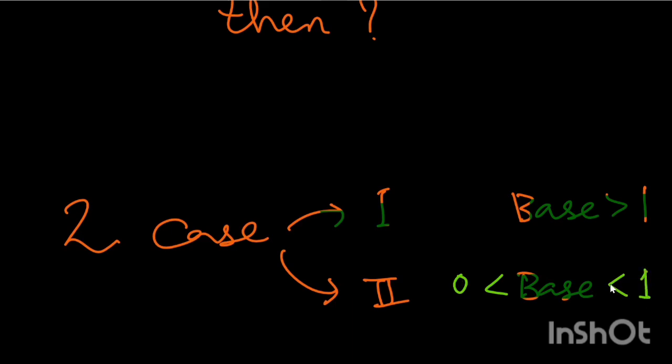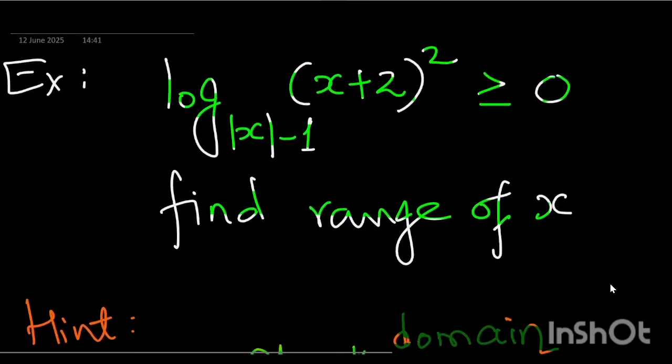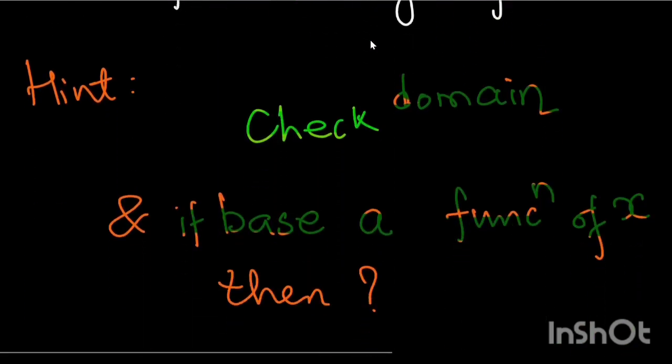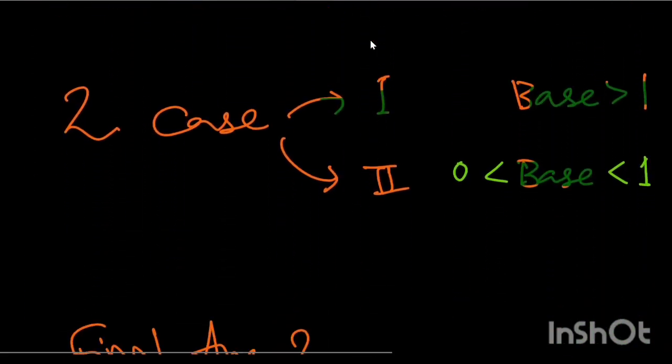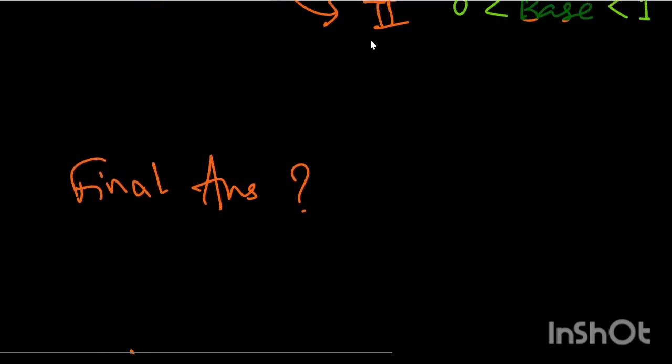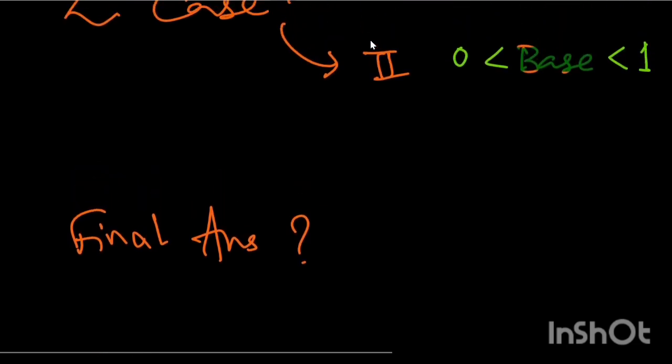And we also have to check the domain. We have to ensure that x plus 2 whole square is positive. Since it is a square, it is already positive, so it just needs to be not 0. That we need to ensure, guys.